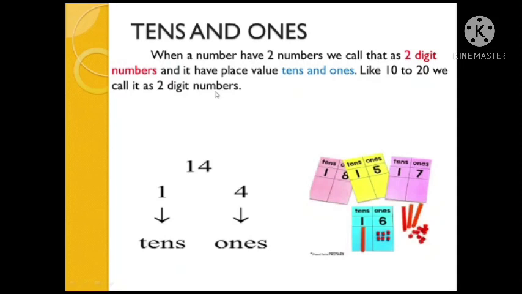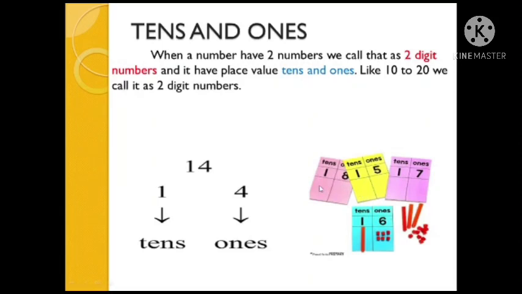So from the numbers 1 to 20 we learned, right? In that, 10 to 20 are the two-digit numbers. See here, for 10, 1 and 0, two numbers are there. 20, 2 and 0, two numbers are there. 14, 1 and 4, two numbers. 17, 1 and 7, two numbers. 15, 16, 18, all have two numbers.